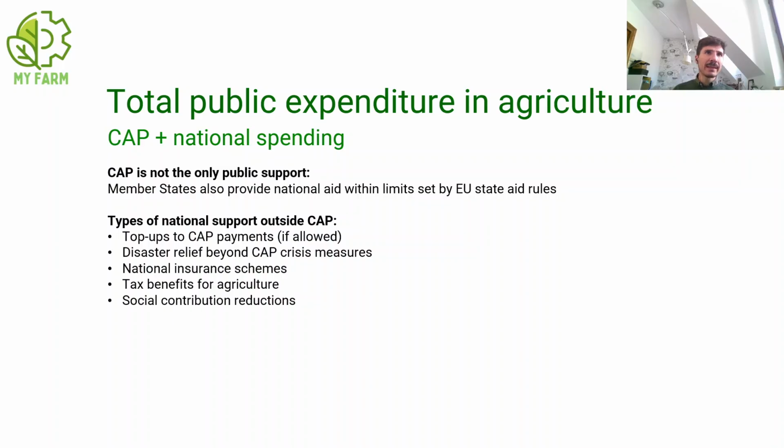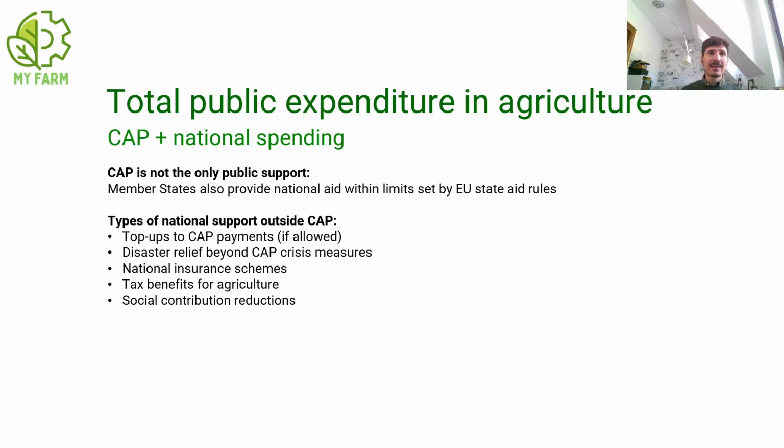We have to consider that the total public expenditure in agriculture is not only brought by the CAP, because member states can also provide national aid within certain limits that are set by EU state aid rules. For example, there are different types of national support outside the CAP. There are some top-ups to keep payments when it is allowed.